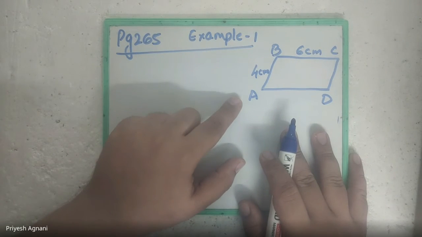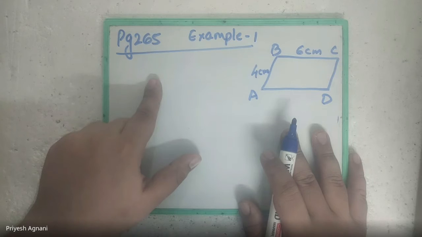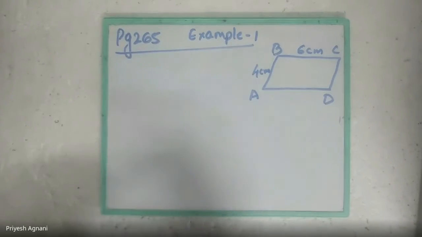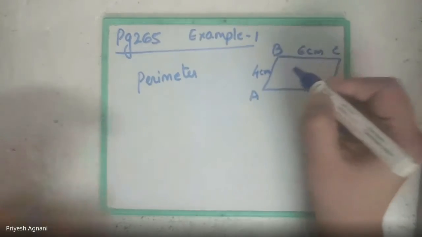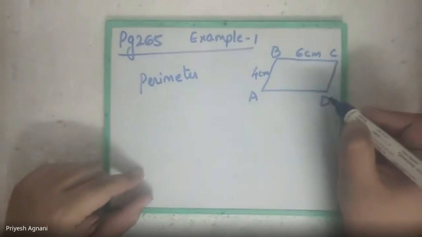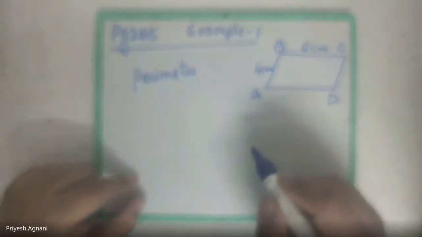I hope this diagram is pretty clear. We have to find the perimeter. Perimeter क्या होता है? Perimeter means AB plus BC plus CD plus DA. All four sides you have to add.